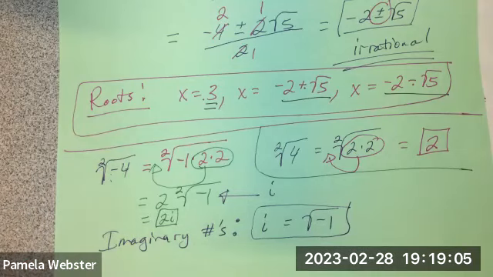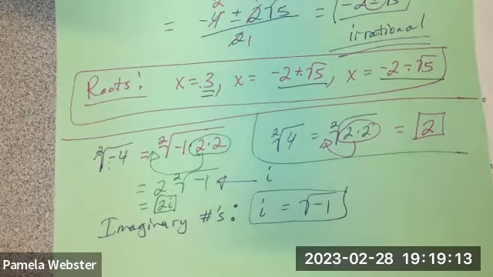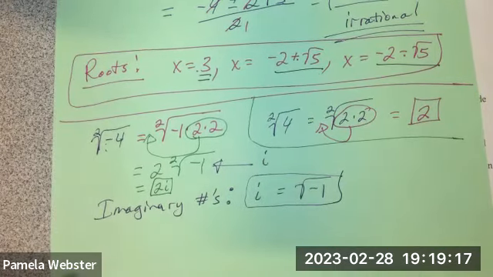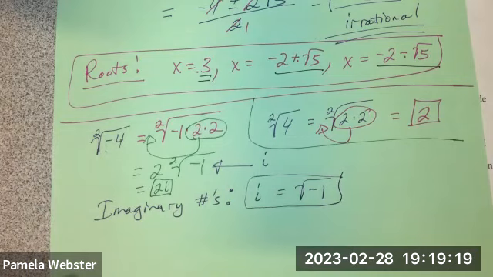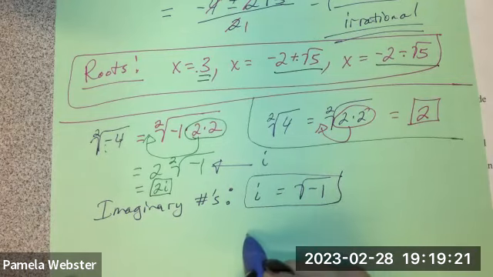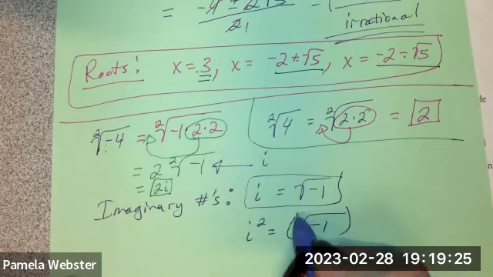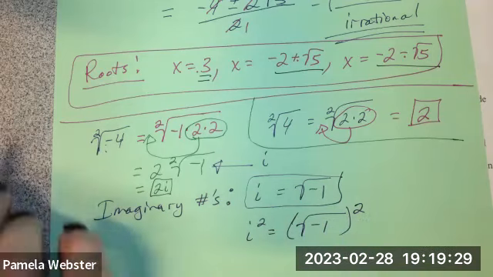It's basically mathematicians saying, we don't like having to say, I can't do anything with that. So I'm going to make up a number that is i, and we're going to call it that, and I'm going to use it. Something that we might need to know is, what if I squared this guy? It would be the square root of -1 squared, right?